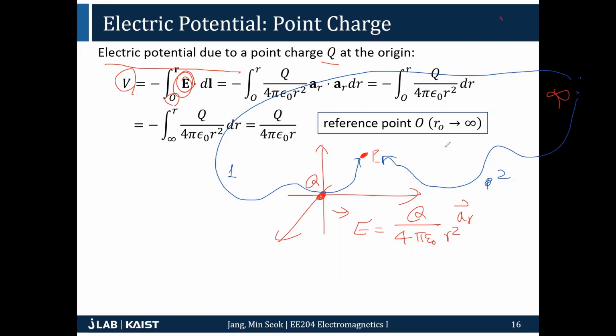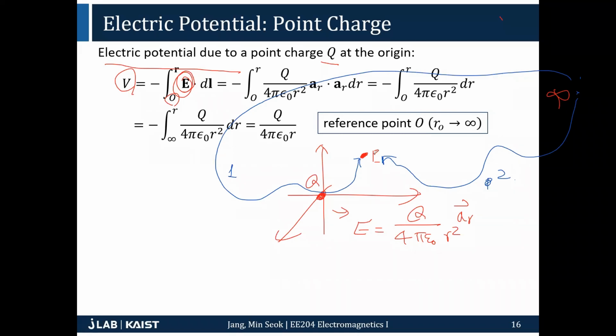Regardless of which path you choose, your answer should be the same, right? If that's the case, which path should you choose to make your calculation as easy as possible? Can you type in the answer? Which path makes your life easier? Right, a line along a_r.